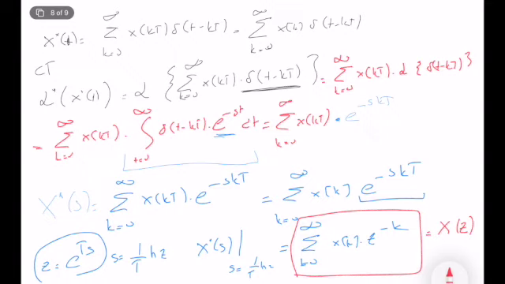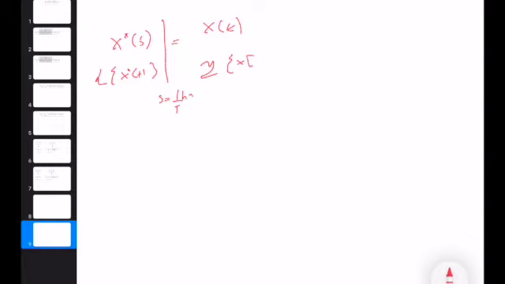Okay, I think it's now nice. We found x star of s, the Laplace transform of x star of t, which, if you change s with 1 over T ln z, is equal to x of z, which is the z transform of x of k.